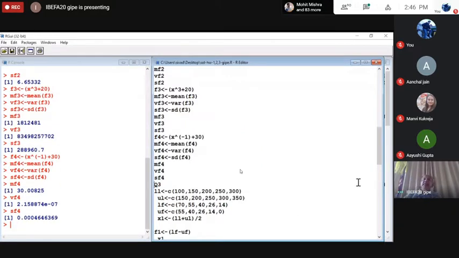That means repeat the algorithm of mean, variance, and standard deviation for every function of original data.